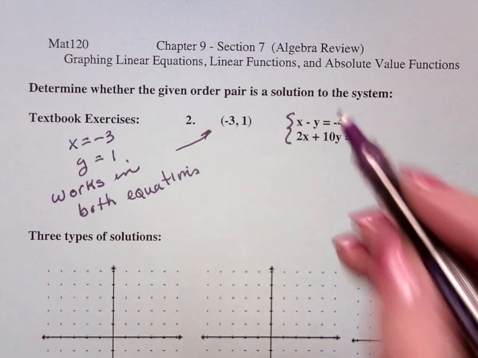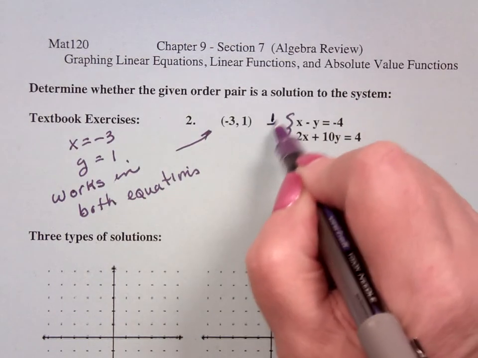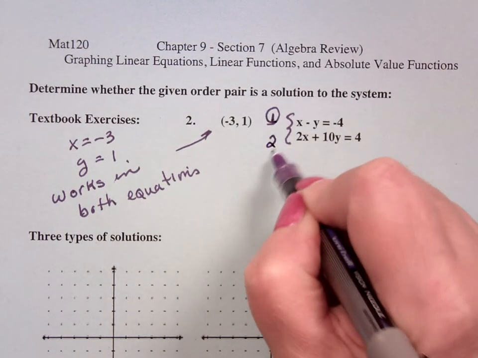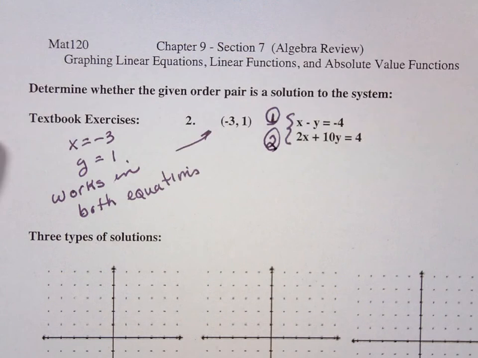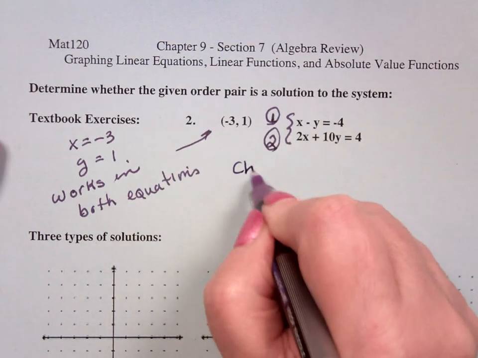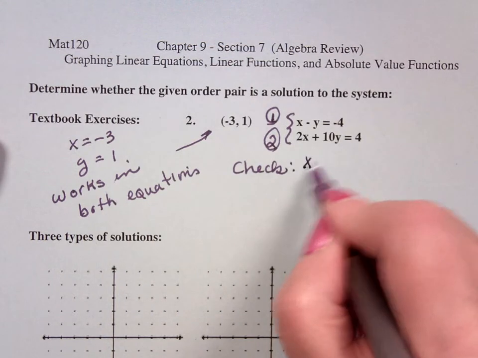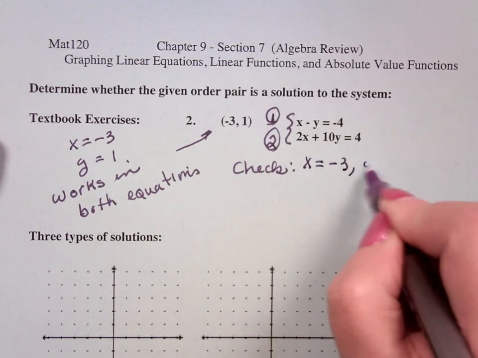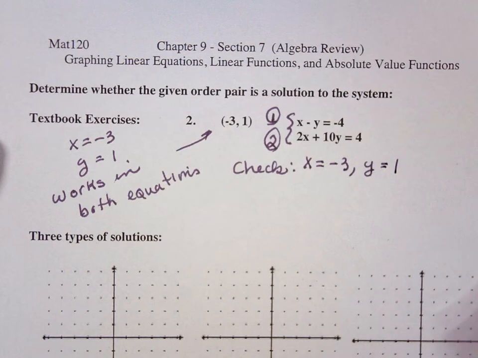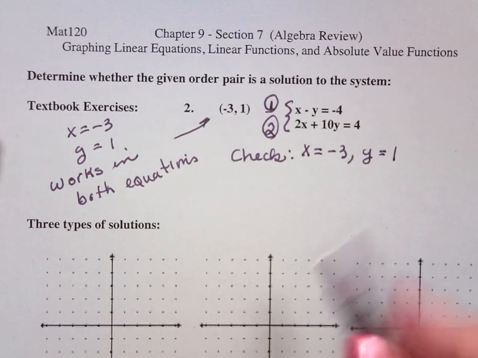And it says I'm going to check, and I'm going to label my two equations. Here's equation 1 and equation 2. And then I'm going to do a check of x equals negative 3, y equals 1.